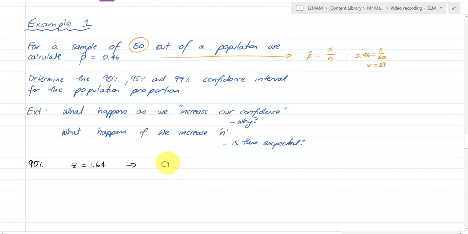So our confidence interval, 90, is equal to the probability.